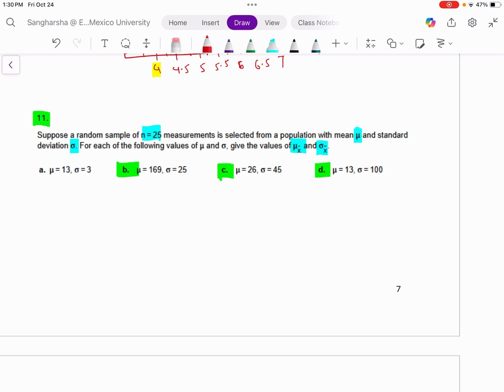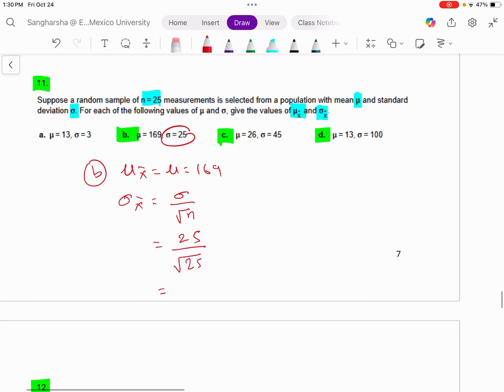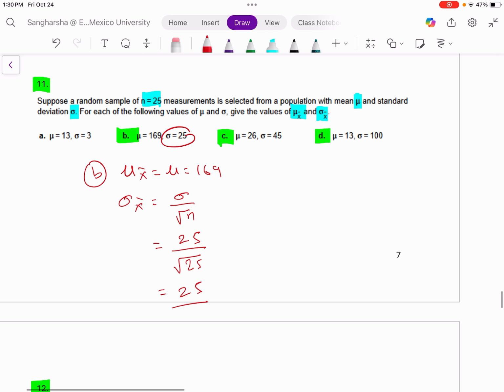According to the central limit theorem, mu of x bar equals mu, which is 169. This is part B. And sigma of x bar is sigma over square root of n. Sigma is 25, square root of 25 is 5, so this is 5.